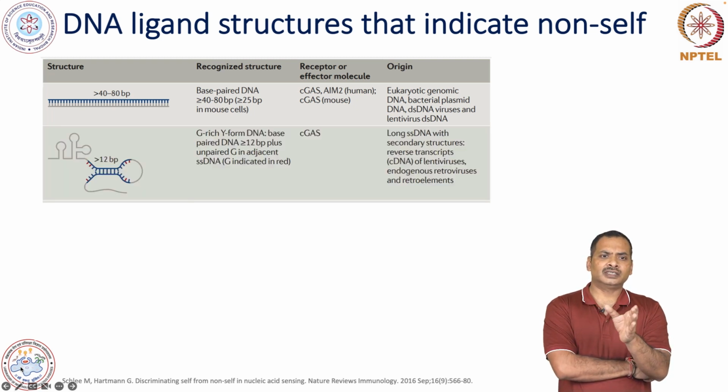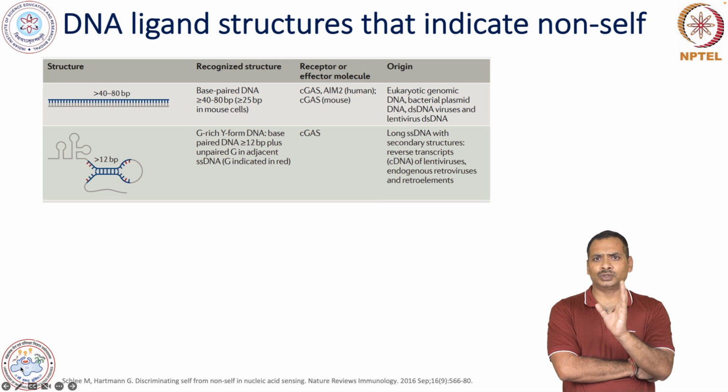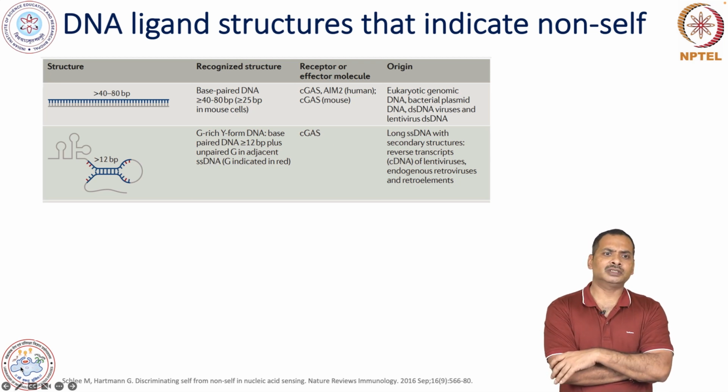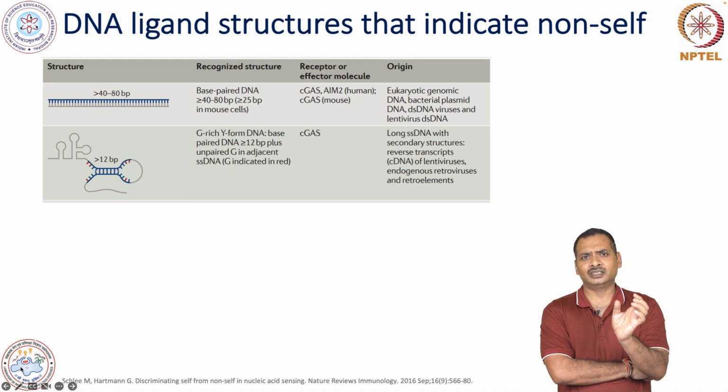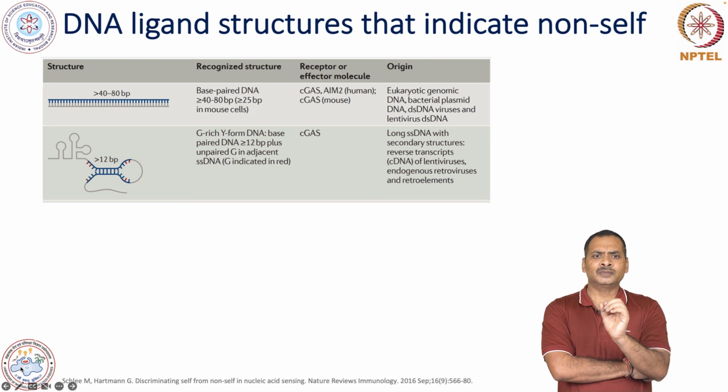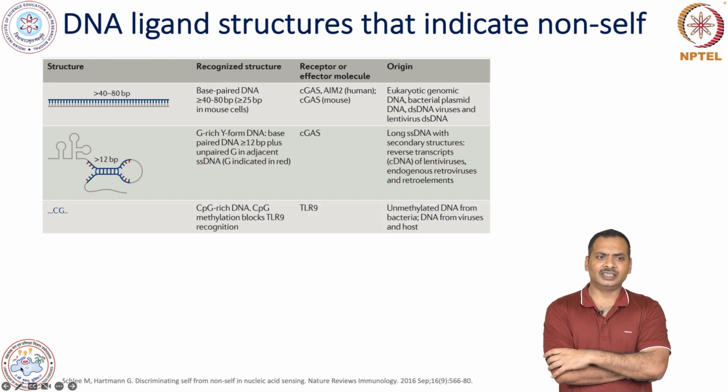Another is G-rich Y-form DNA, where base paired DNA is more than 12 base pairs, and the unpaired G is adjacent in single stranded DNA, and this is sensed by cGAS.